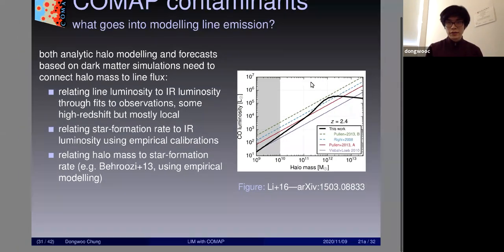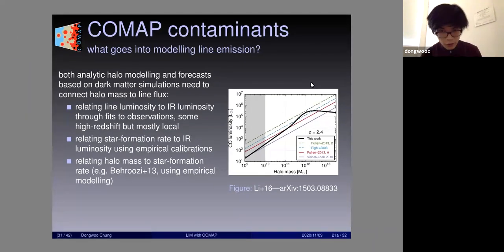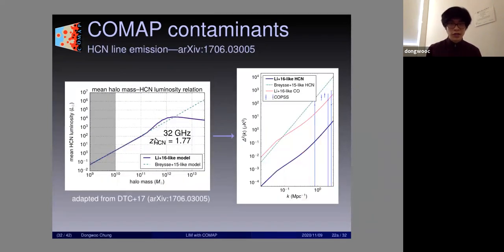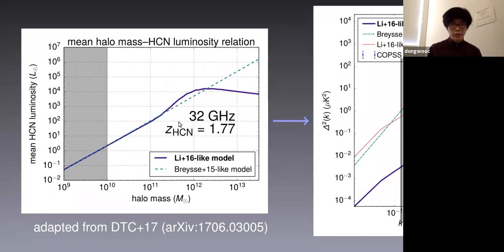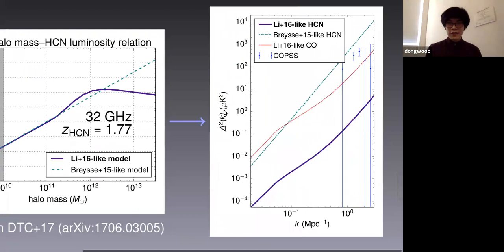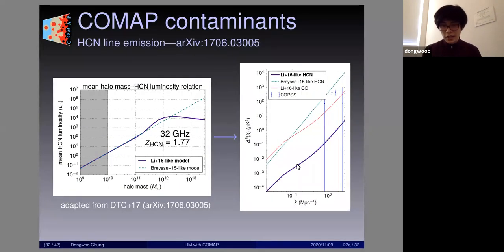What we found was that Patrick's models were also using unbroken power laws for both CO and HCN. When we devised a model more similar to Tony's for HCN, with a plateau at high halo mass, it significantly tempers where the HCN power spectrum is forecast to land relative to the CO. With the unbroken power law, your HCN shot noise completely swamps the CO signal in red.